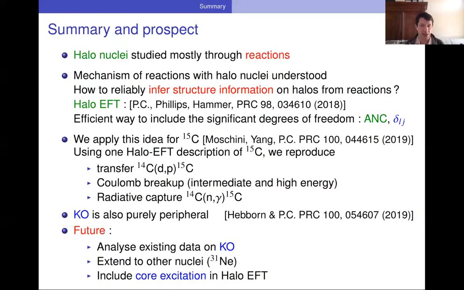That would be an exciting result. We also plan to study other systems like neon-31 in particular. That's the next step. And in the longer term, we hope that we will be able to include more degrees of freedom in the structure of the nucleus, including core excitation in particular, which would be particularly valuable.